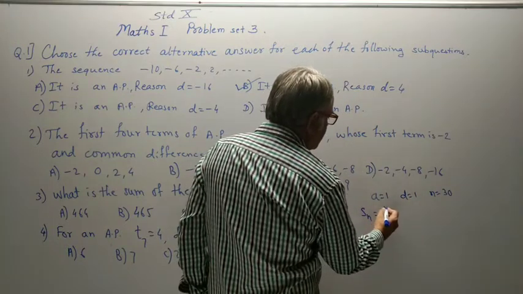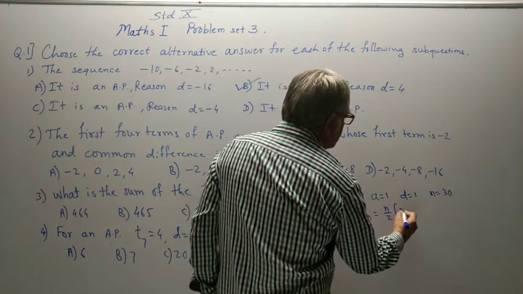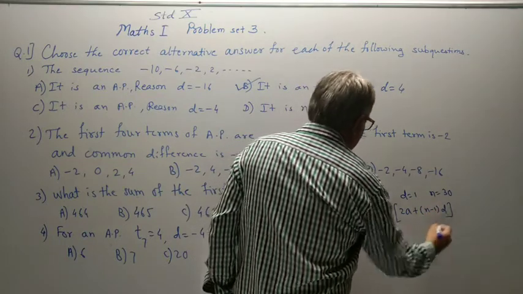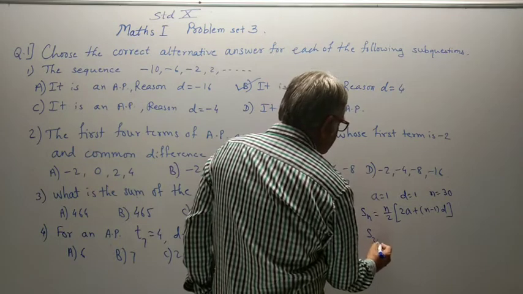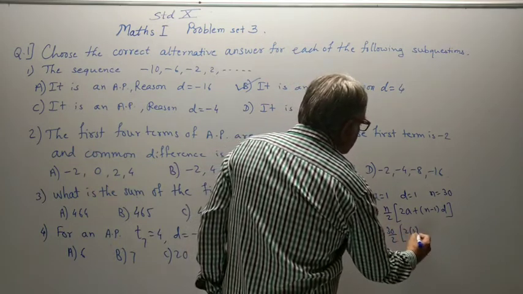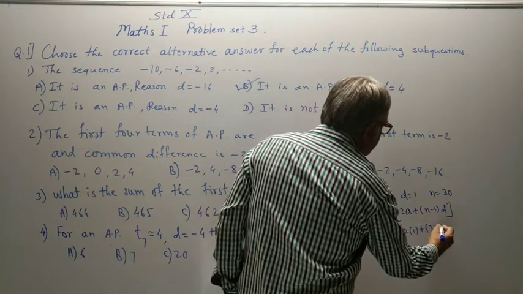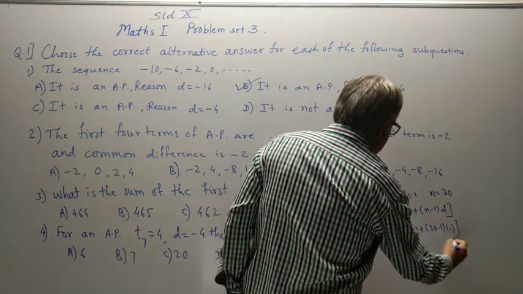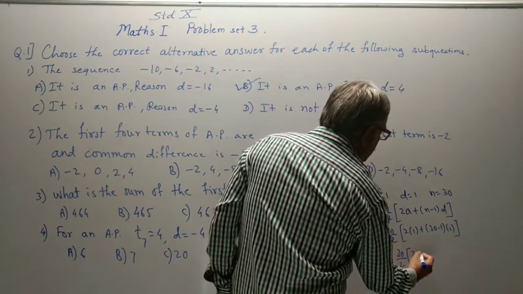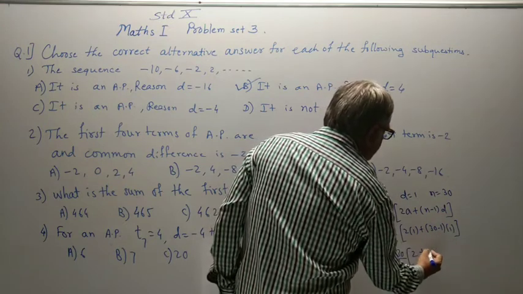Sn is n by 2 bracket 2A plus n minus 1 into D. S30 is 30 by 2 bracket 2 into 1 plus 30 minus 1 into 1. So it is 30 by 2 into bracket 2 plus 29, which is 31.